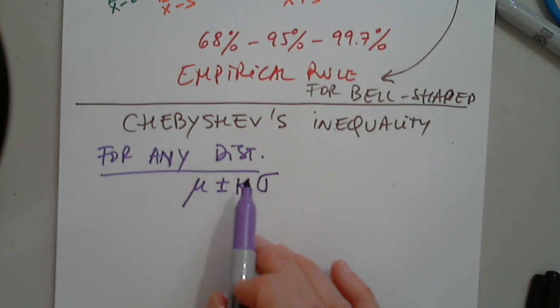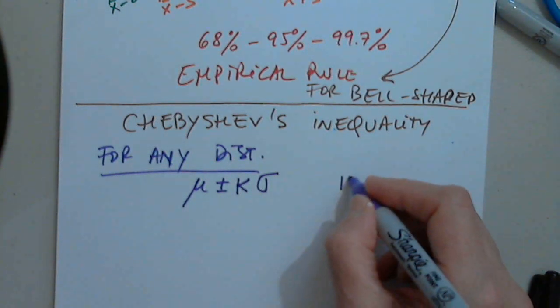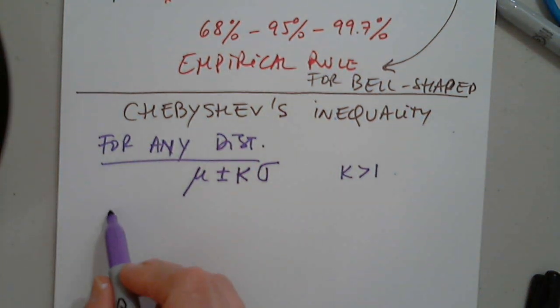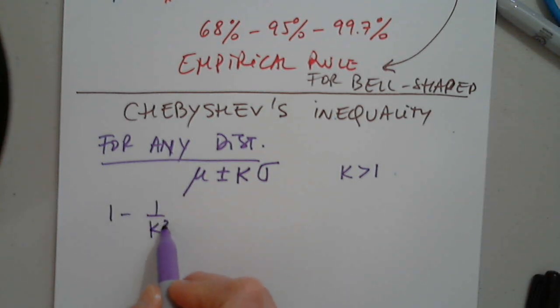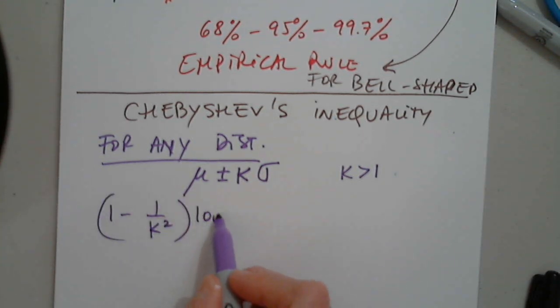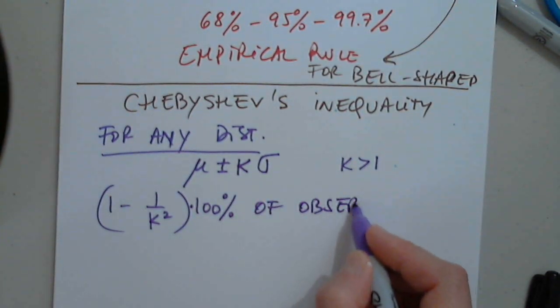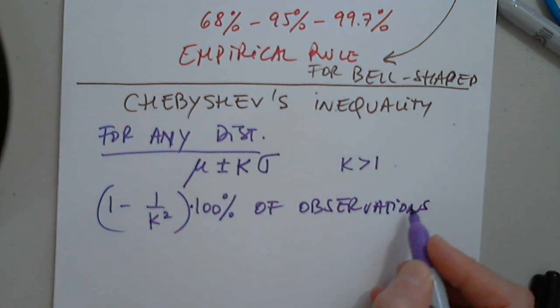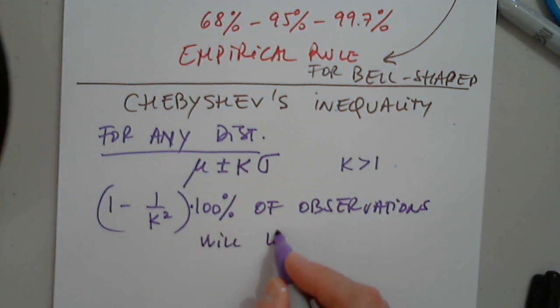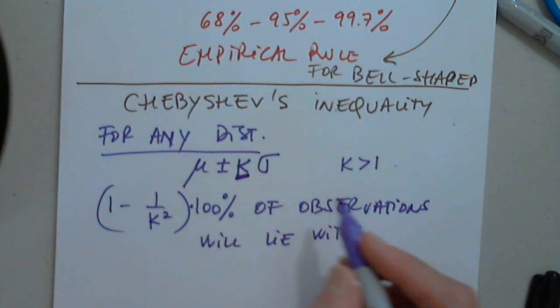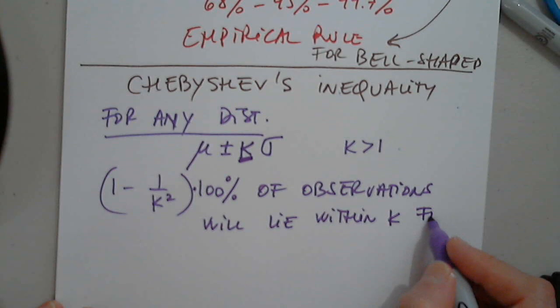For any distribution, what is k? K is a number greater than 1. He said that 1 minus 1 over k squared, times 100%, of observations will lie within k standard deviations from the mean.